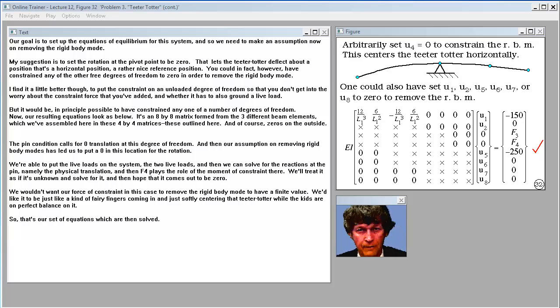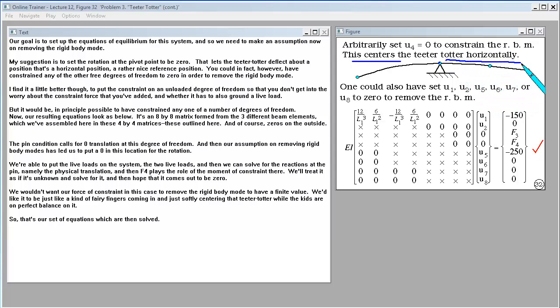Our goal is to set up the equations of equilibrium for this system, and so we need to make an assumption now on removing the rigid body mode. My suggestion is to set the rotation at the pivot point to be 0. That lets the teeter-totter deflect about a position that's a horizontal position, a rather nice reference position.